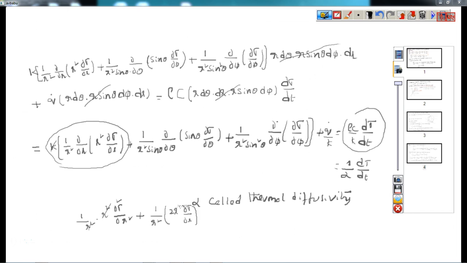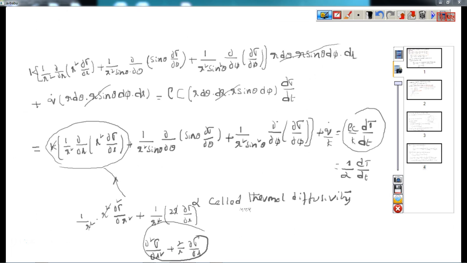That means this r gets cancelled, therefore this is equal to dou square t by dou r square plus 2 by r dou t by dou r. I can write this in place of this equation.